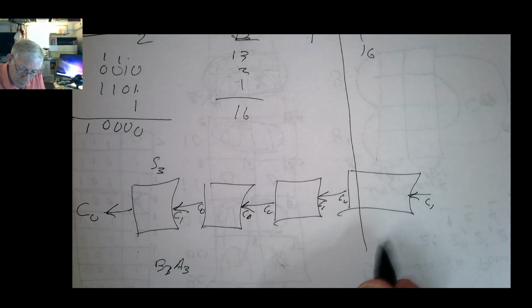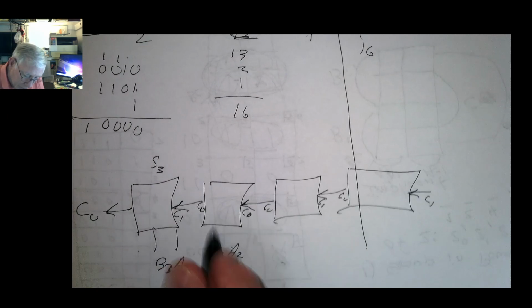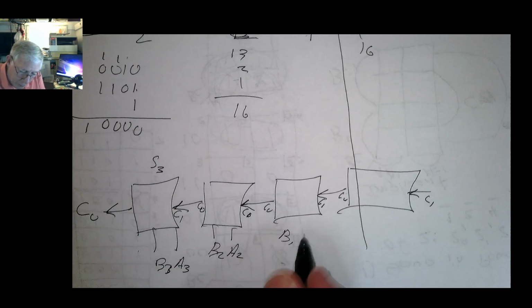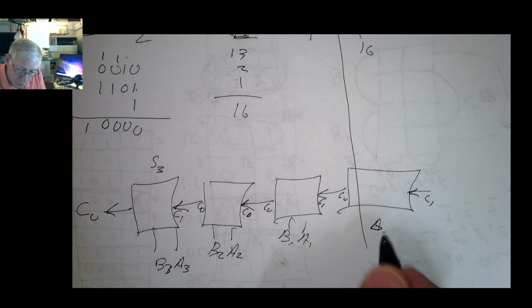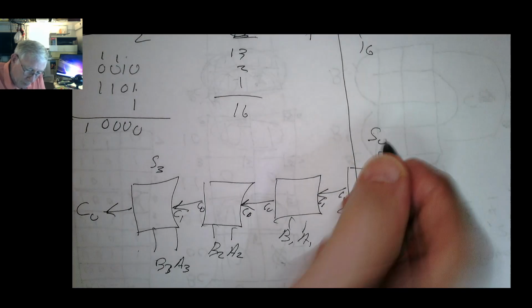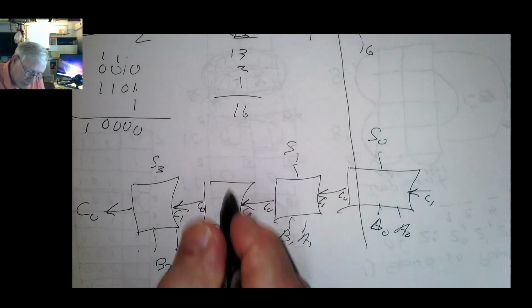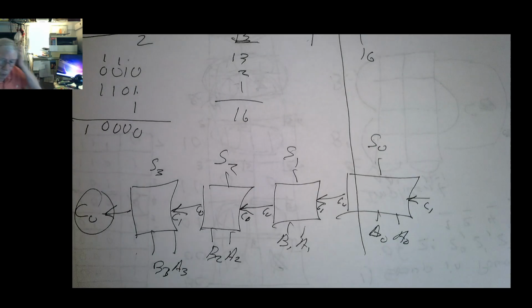Here we have B2, A2 going in. Here we have B1, A1 going in. And here we have B0, A0 going in. And here we have sum 0 coming out, sum 1, sum 2, sum 3, and here's our final carry out. So this is called design by iteration.